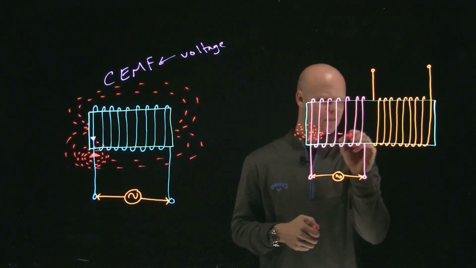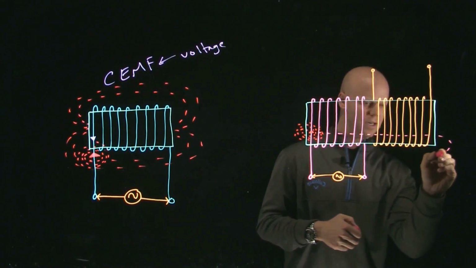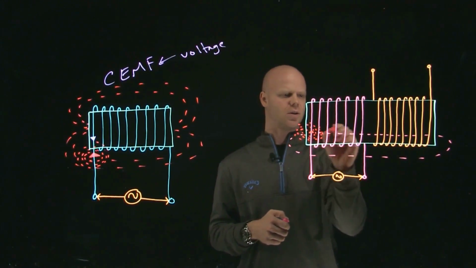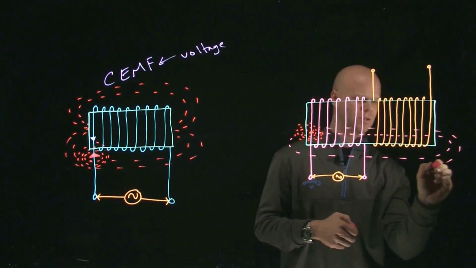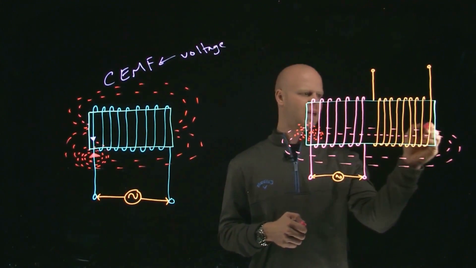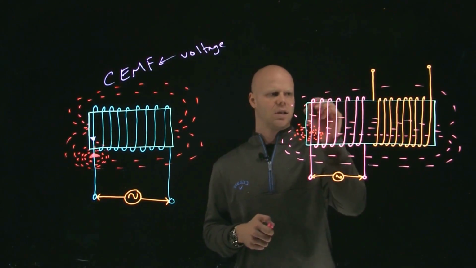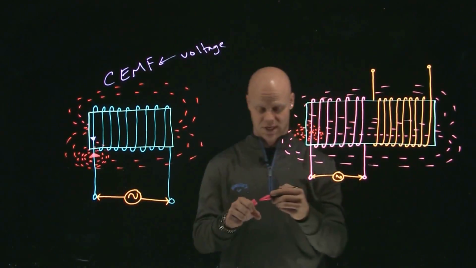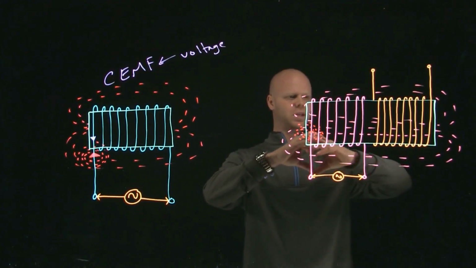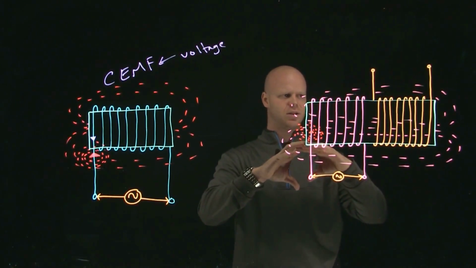So this magnetic field on the core is going through the entire core, and it establishes those lines of magnetic flux throughout the core. And as we just saw, that magnetic field is continuing to expand and contract.